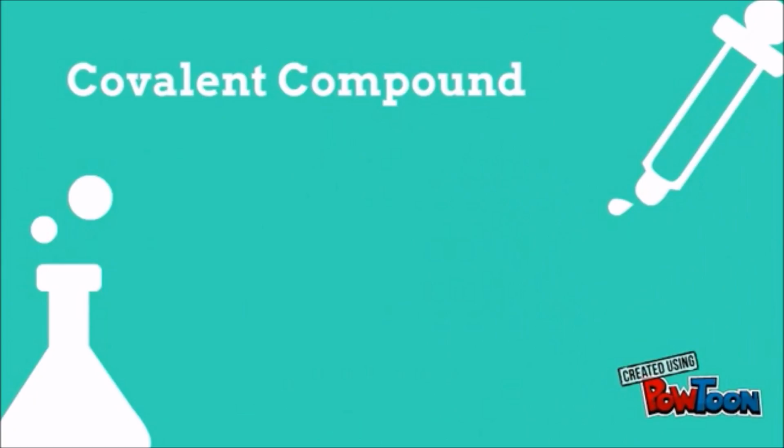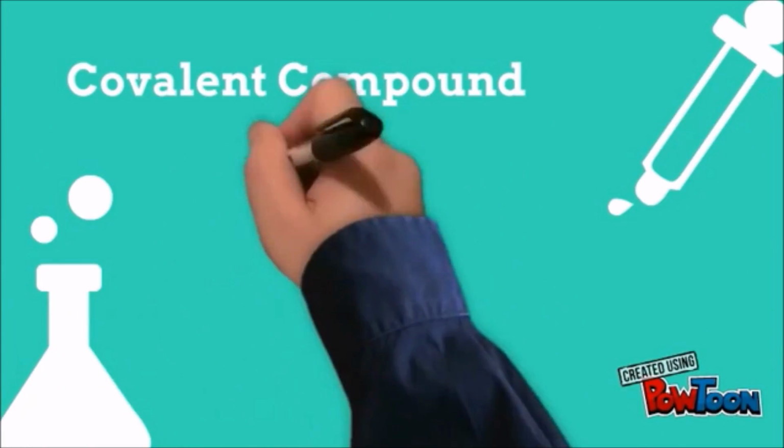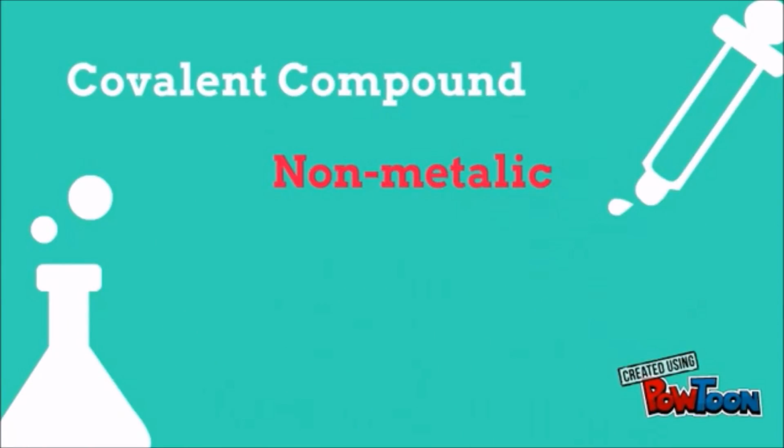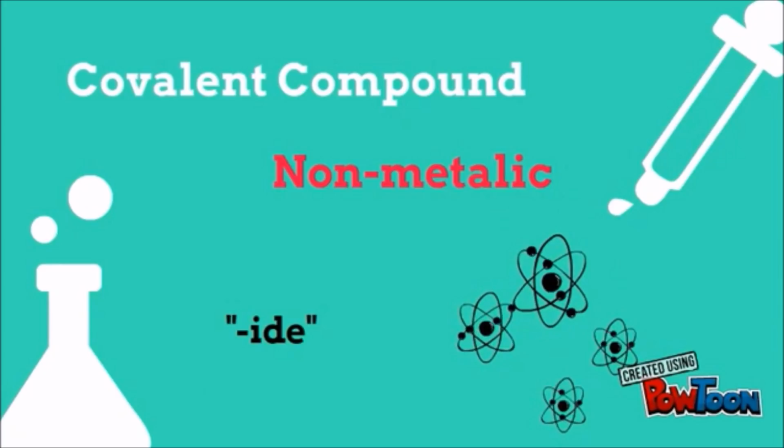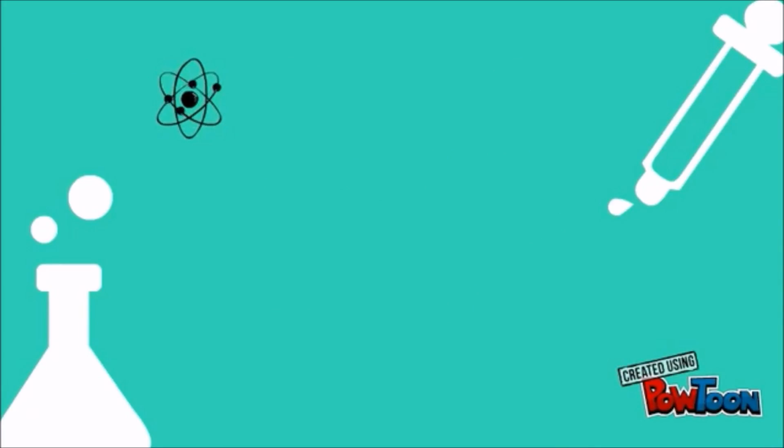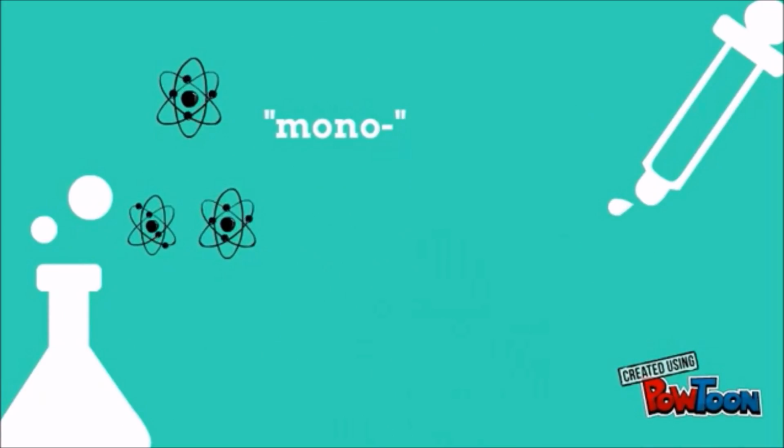Covalent compounds, on the other hand, will contain only non-metallic elements. The added suffix is always -ide, but the prefix added depends on the number of atoms the element has. If the element has one atom, then you will add the prefix mono. If two, then di, and so on.